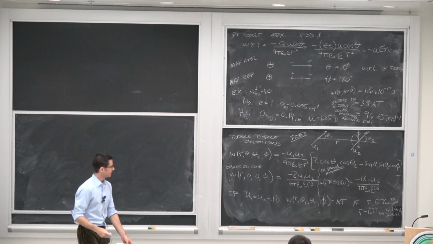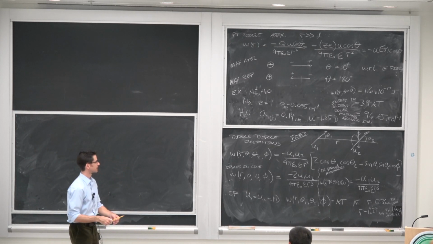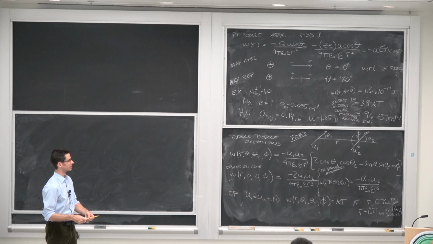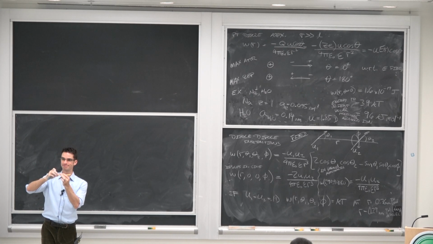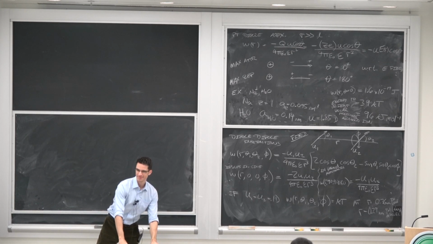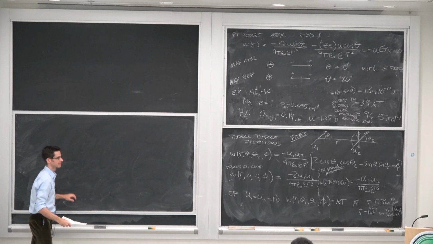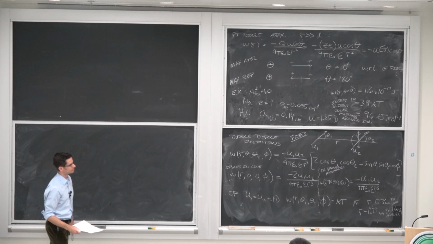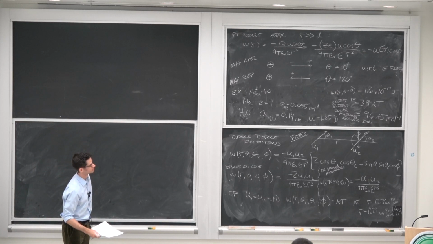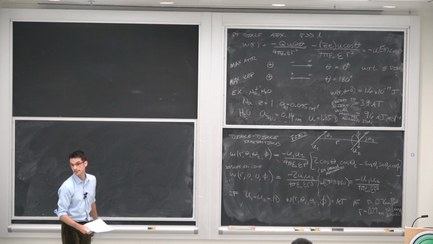Because phi doesn't really have any degrees of freedom if they're both in line. Most it can do is twist around an axis. Does that make sense? Yes, that's the case for both.